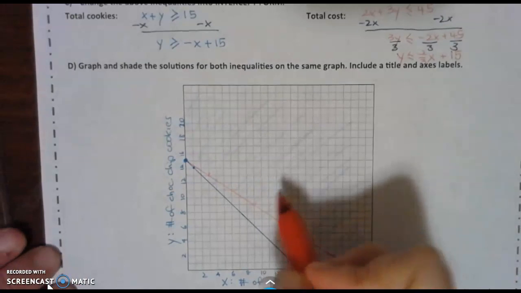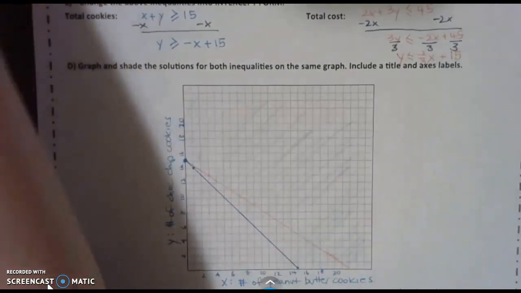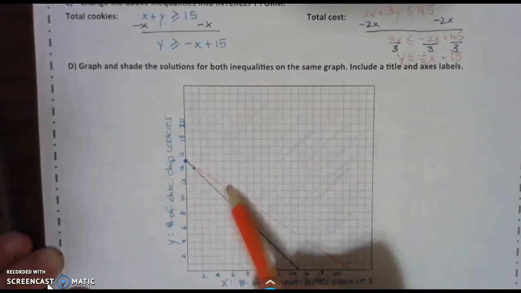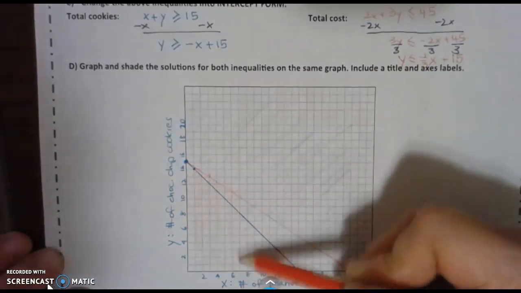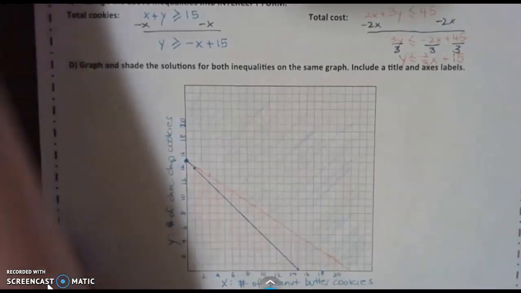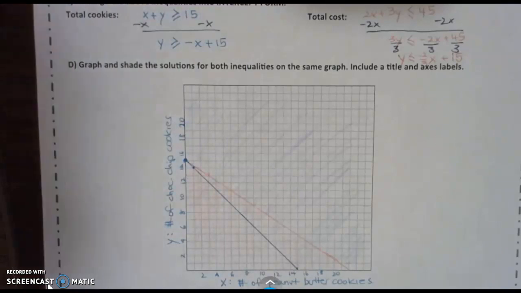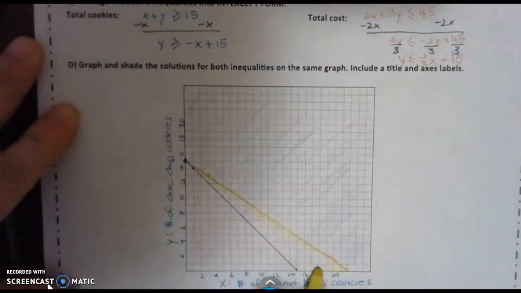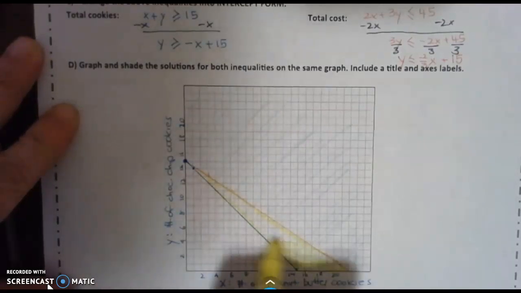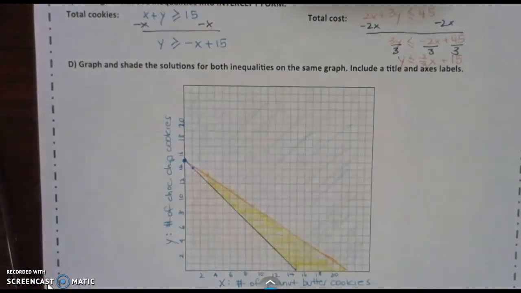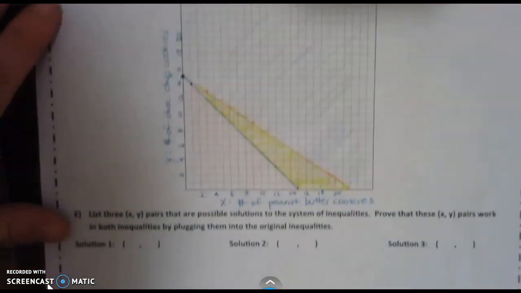But this time, the inequality says y is less than or equal to, that means I am shading this side. Then which was the area that satisfied both inequalities? It's over here. So that's my solution area. Okay, alright, so I figured out my solution area.